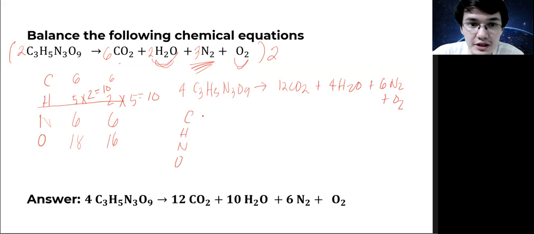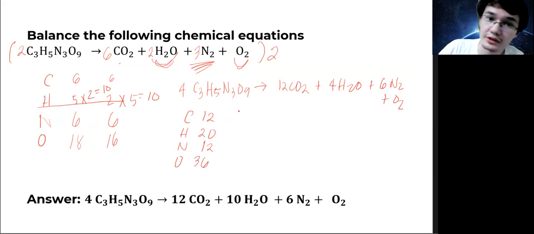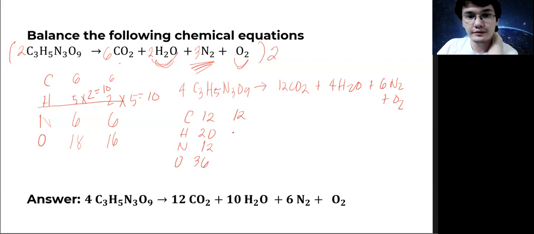So 4 times 3, 12, 4 times 5, 20, 4 times 3, 12, 4 times 9, 36. Then sa product side, i-count na to nato, 12 carbon atoms. Then sa hydrogen nato 12. I mean, dili po siya. 4 water molecules, so na-tay 8.